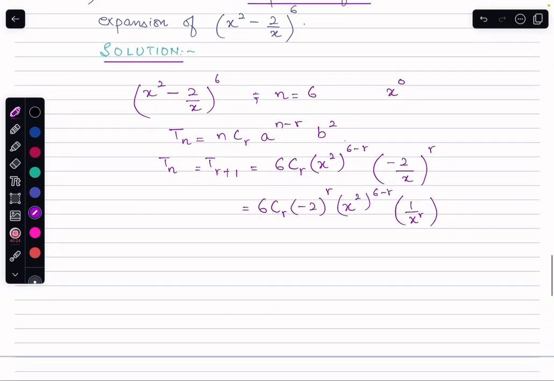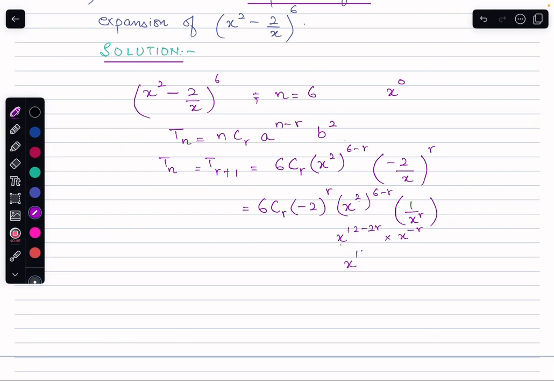Solving only for x, I will be getting x to the power 12 minus 2r, power to power. Here the powers get multiplied. So this becomes 12 minus 2r into x to the power negative r. When the bases are the same, I can just simply add the powers.